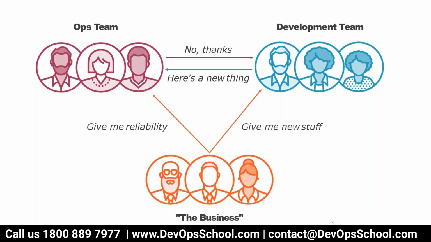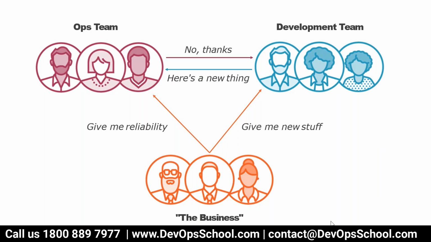The development team loves to code and bring new features. So the business team wants new stuff from the development team, and at the same time wants reliability from the operations team. So there's a conflict of interest here.